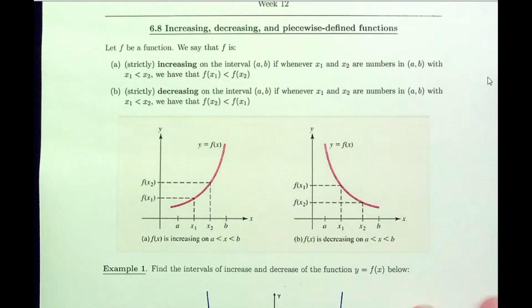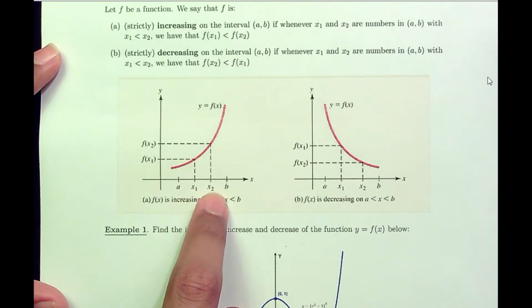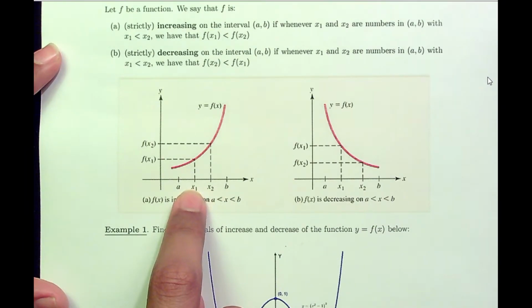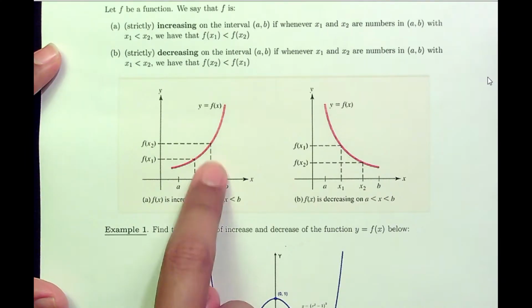Graphically, that means that if you take two points, x1 and x2, with x1 to the left of x2, then when you plug in x1 you get f of x1, and the other one, which is to the right, gives you something that is bigger.